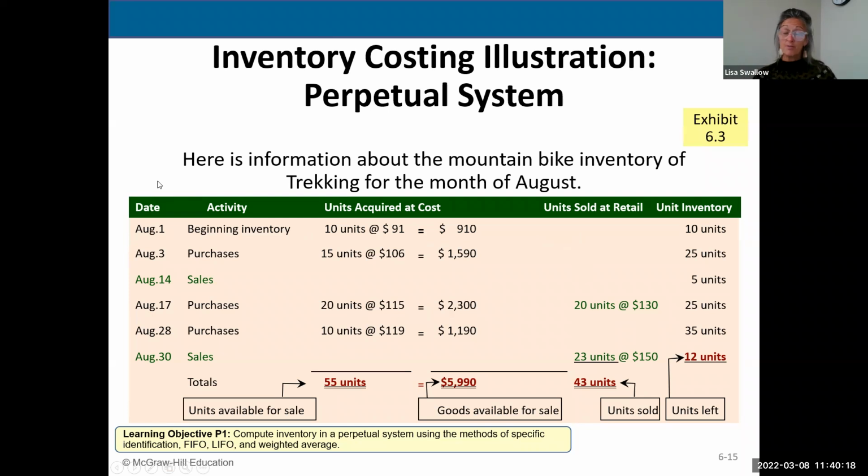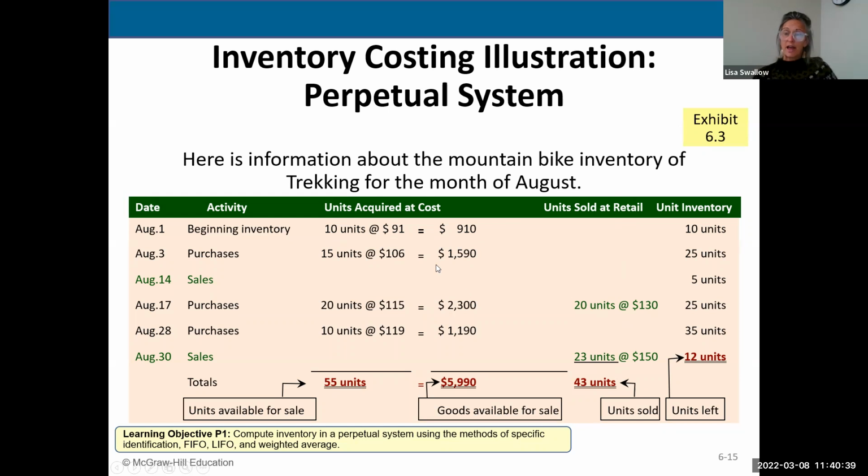There are 5 columns: the date, what's going on, the activity, and some room to do your cost analysis here. I started with 10 units at 91 bucks each, so that means $910. And then you need a column for what you sold.